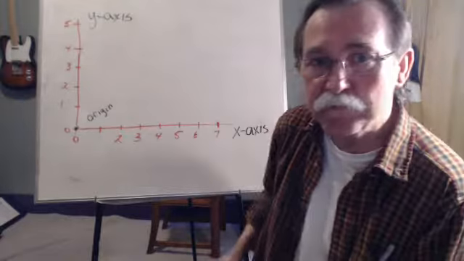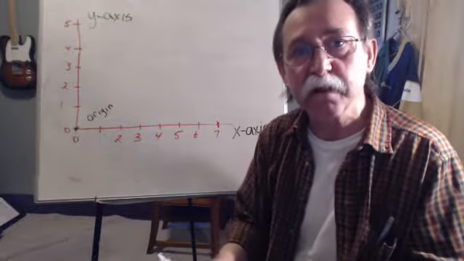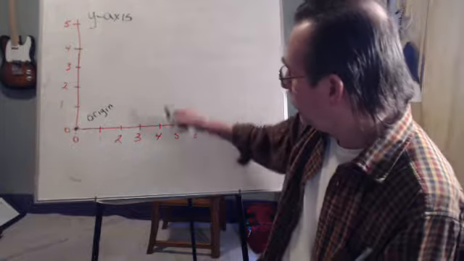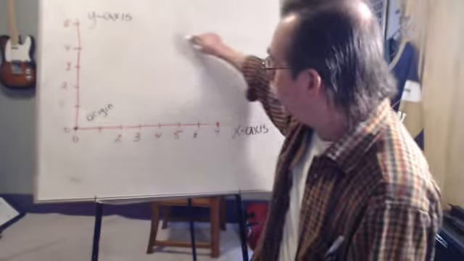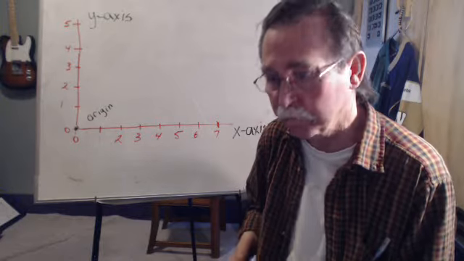I want to show you how to plot points on here. Before we can draw any lines, we have to learn how to plot points. So watch this. I'm going to go somewhere in here, and I'm going to describe where I've gone with a dot.